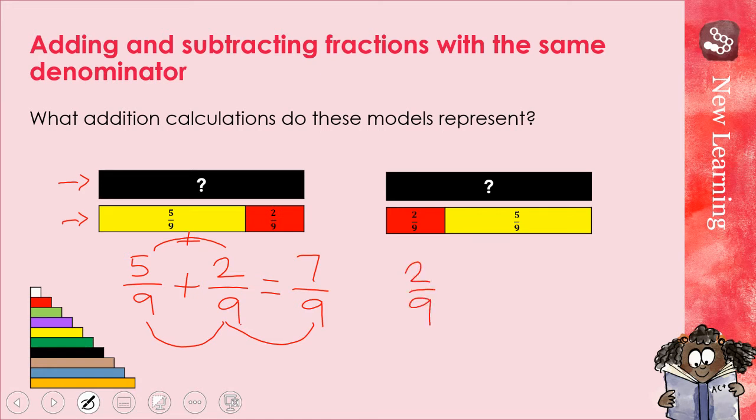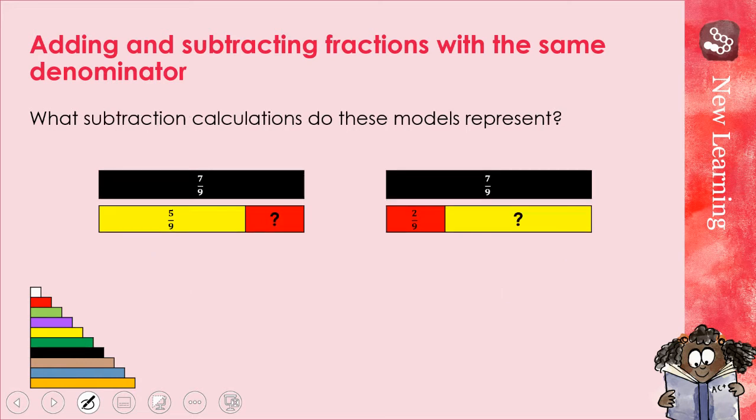I've got 2/9 plus 5/9 is equal to what? Well, just like before, in the question, the denominators are the same. Therefore, in the answer, it will stay the same. I have 2/9 plus 5/9 equal to 7/9.